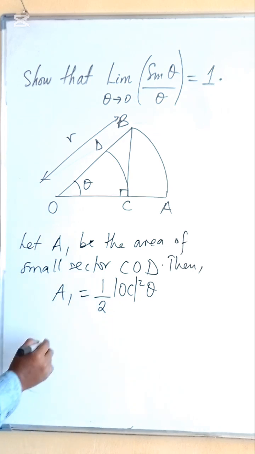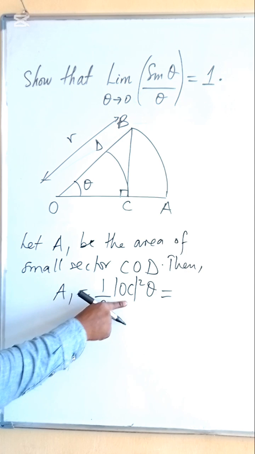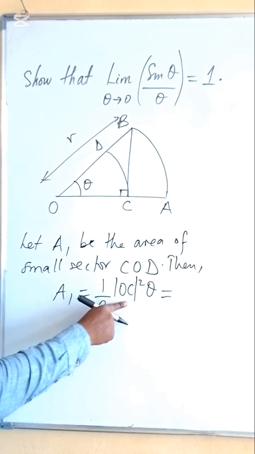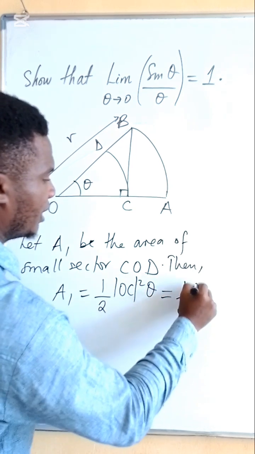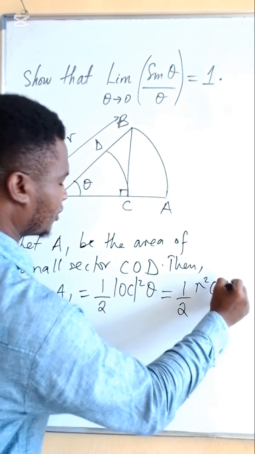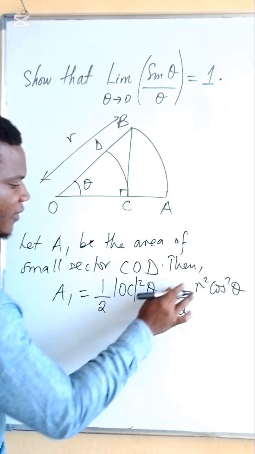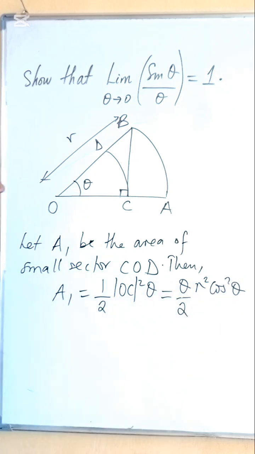Now, since we had already established from that triangle that OC is R cos theta, then we are going to have 1 over 2 R squared cos squared theta. And let me bring this theta over here. So you have theta R squared over 2 cos squared theta.